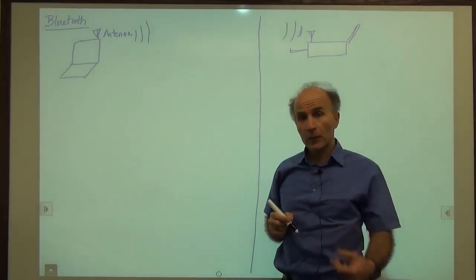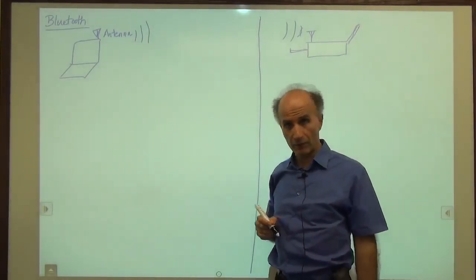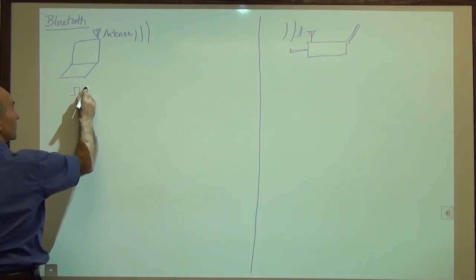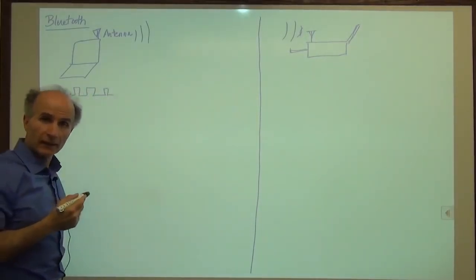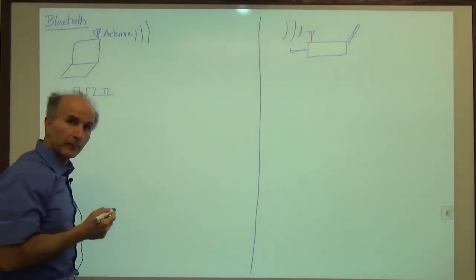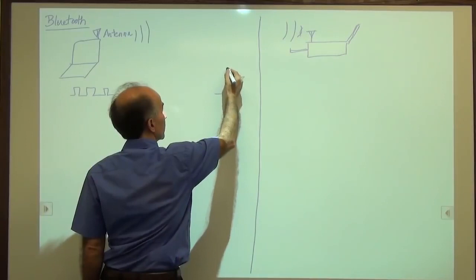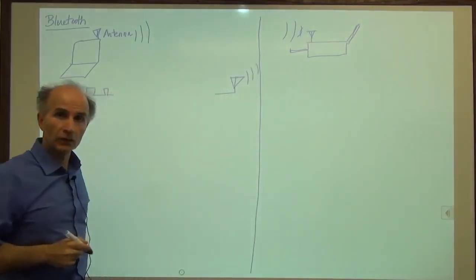Let's say that we have some data coming out of the laptop in the form of ones and zeros. Very simple, right? So we have a bunch of ones and zeros coming in, and this is the data that I would like to transmit. And I have an antenna here for the transmitter, and I'm hoping that these waves will come out and go to the printer.